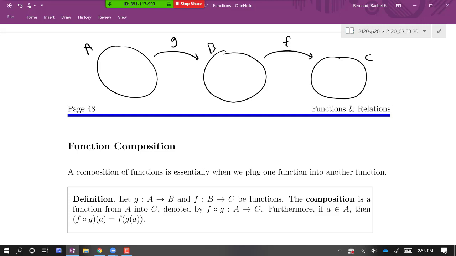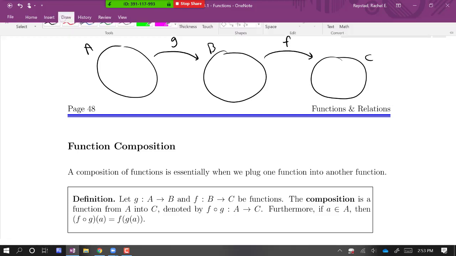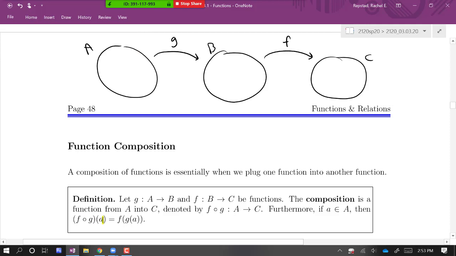If the domain and codomains are compatible, then the composition f of g is defined. When you read this as f of g, you always start on the inside and work your way out. So you apply g first, and then apply f to that.